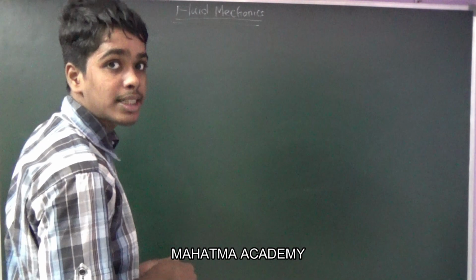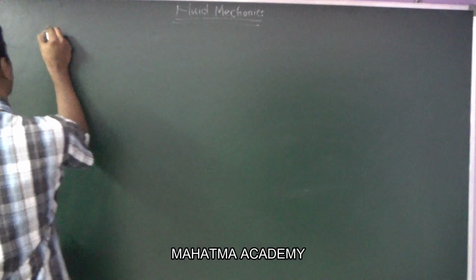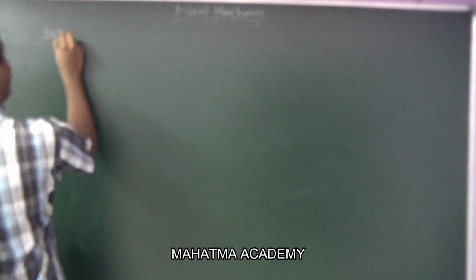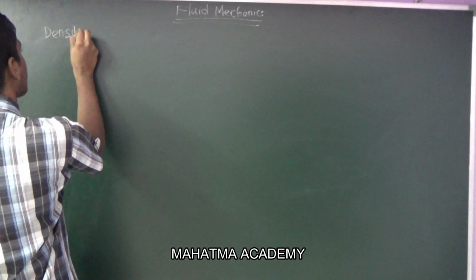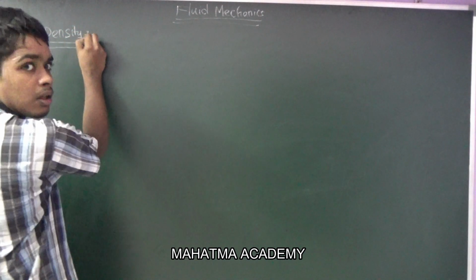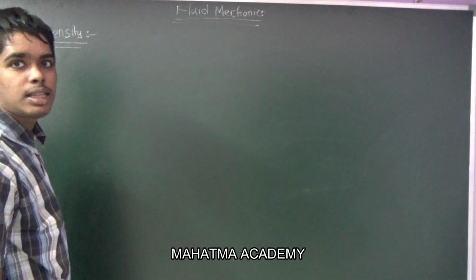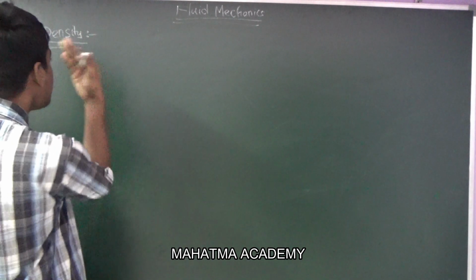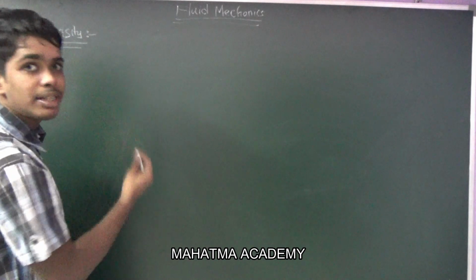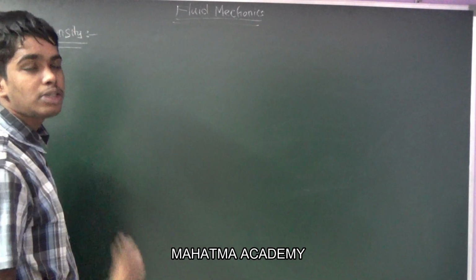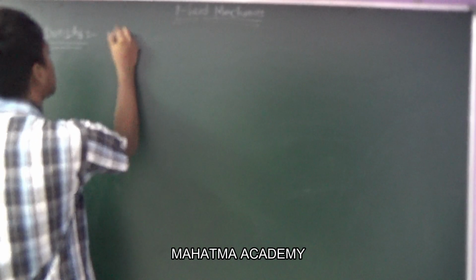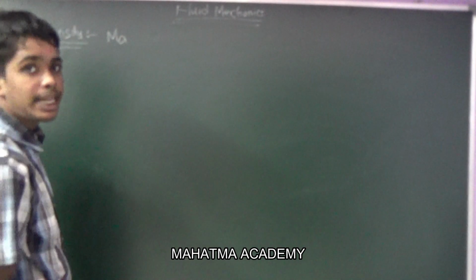Now we are going to discuss density. Okay. Density says that mass upon volume gives the density. It is the formula we have discussed so many times in the physics course, or you have read in chemistry.